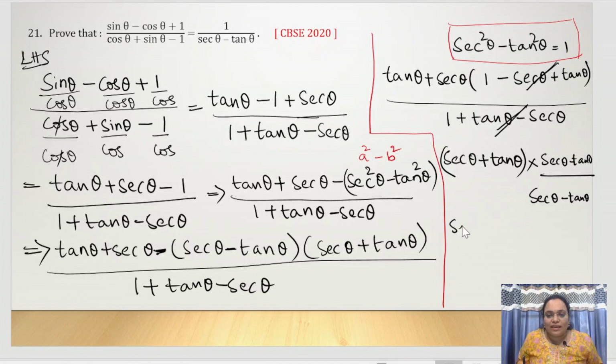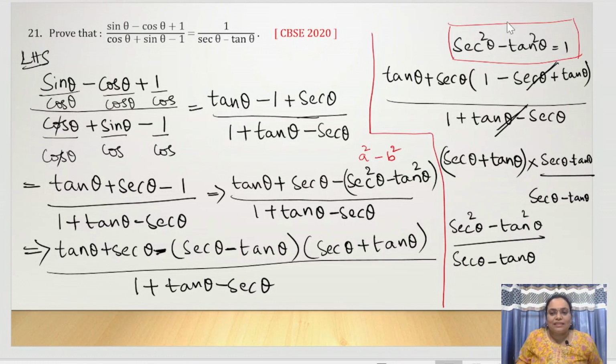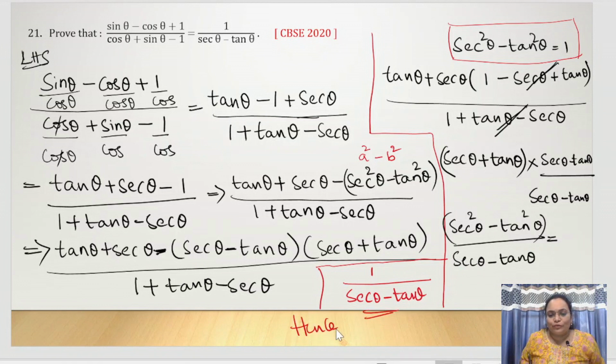So this will be secant square theta minus tan square theta divided by secant theta minus tan theta. Okay. This secant square theta minus tan square theta is anyways 1, which is 1 by secant theta minus tan theta. This is what we need to prove. Okay. Hence proved.